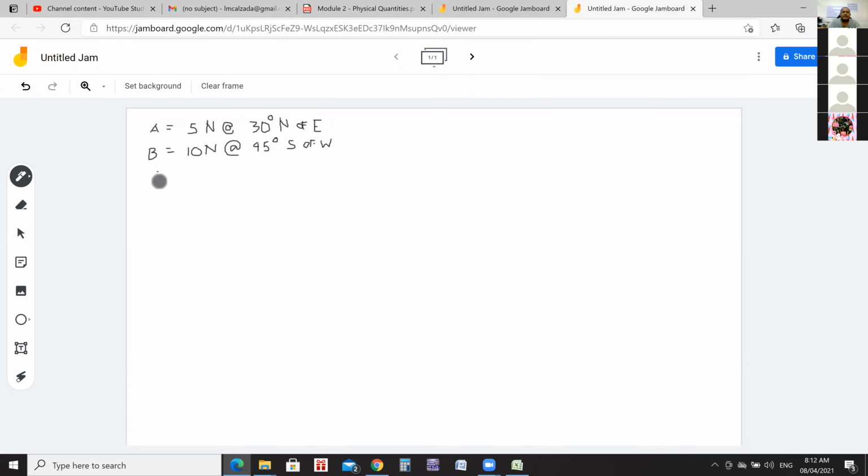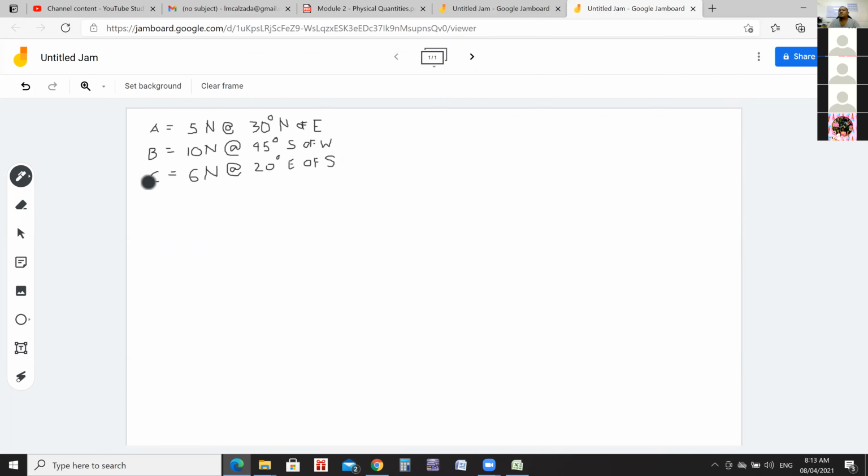Then we have vector C at, say for example, 6 Newton at, say for example, 20 degrees east of south. Okay, so we're given three vectors here.